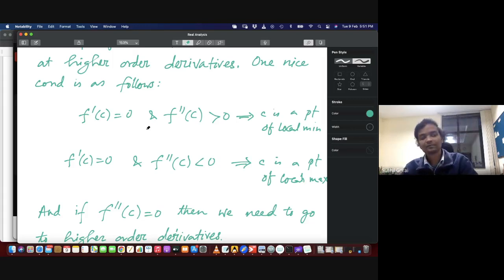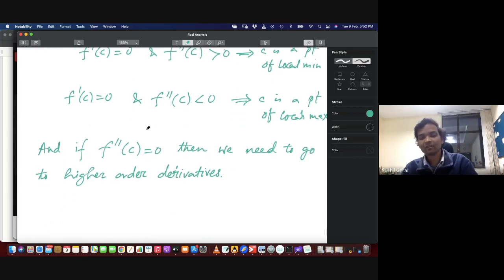All right. So we want to determine how the function behaves, and it is mostly determined by the first derivative. When the first derivative is 0, those are called singularities. Sometimes those are points of local max or local min. And what happens at those points?